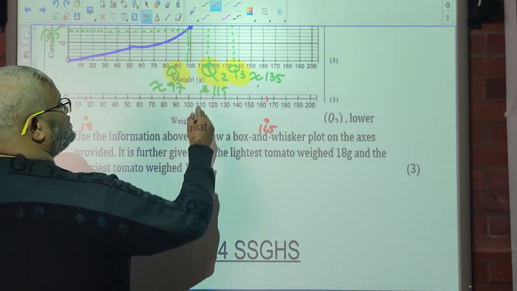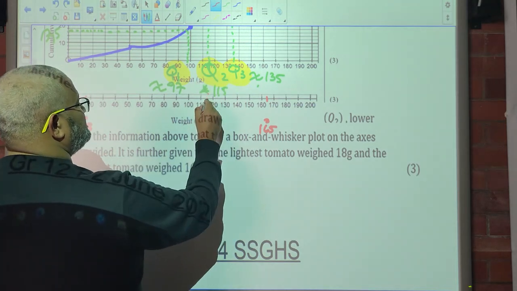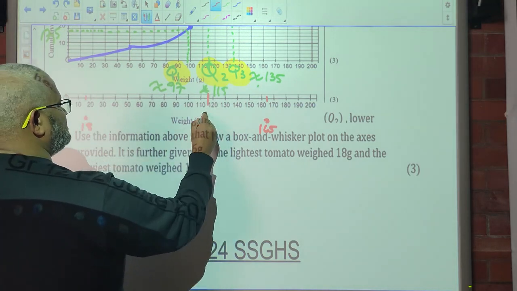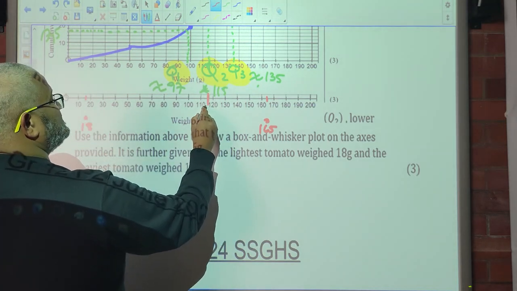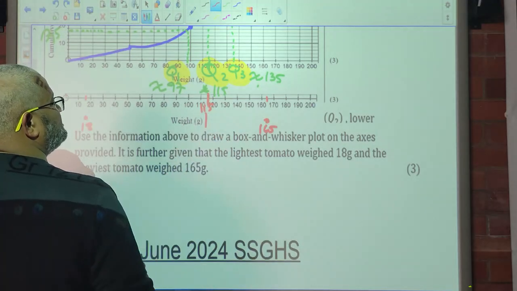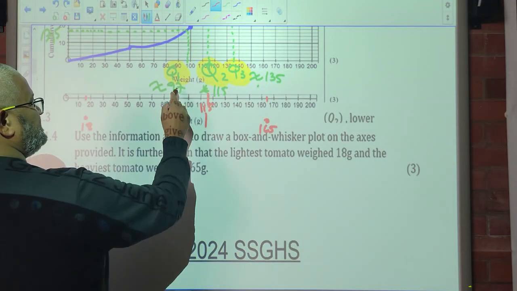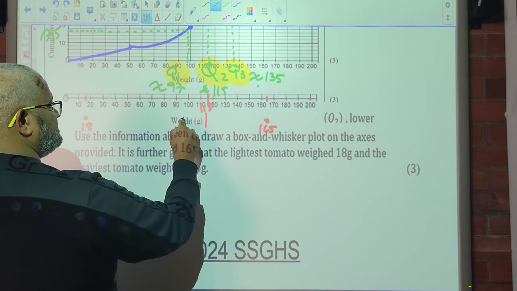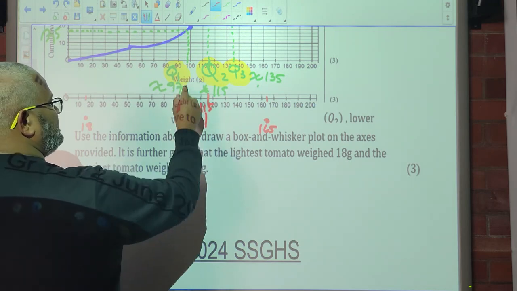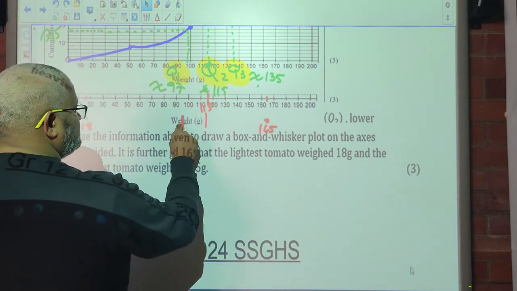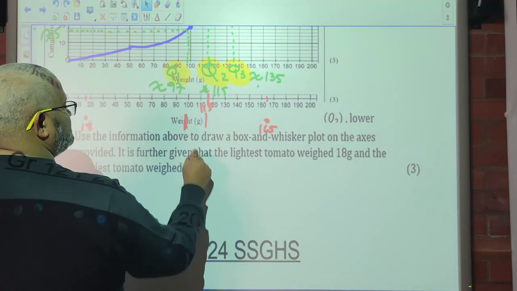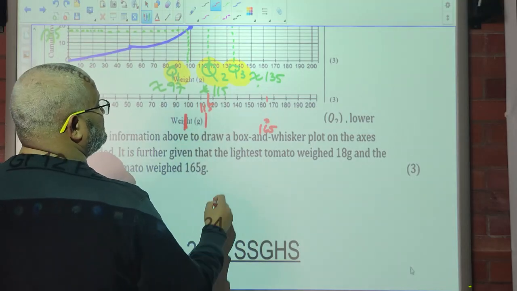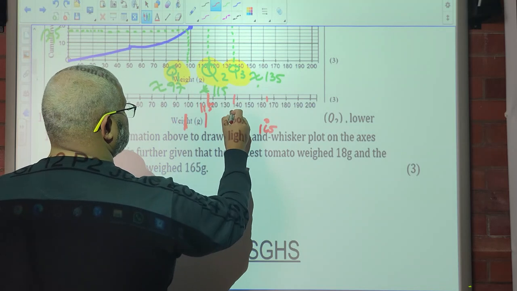Quartile 2 gets a stroke. Q2, which is 115. Q1 is 77, which is approximately there. In line with that now, no? 77 and 135. Approximately.